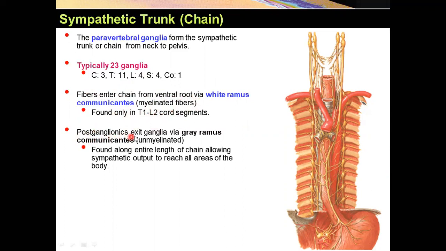But the post-ganglionics exit ganglia via gray ramus communicans, which are unmyelinated because these are the post-ganglionic visceral motor neurons, and they are found along the entire length of the chain, allowing sympathetic output to reach all areas of the body.